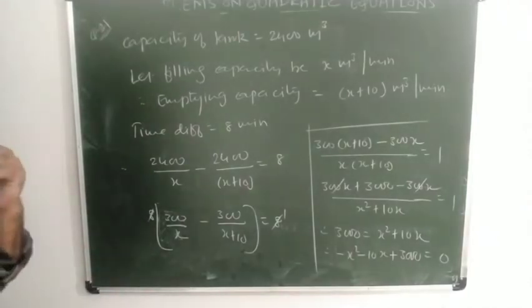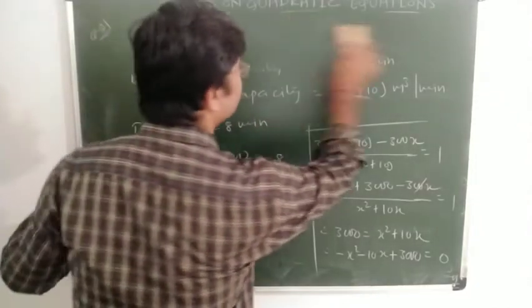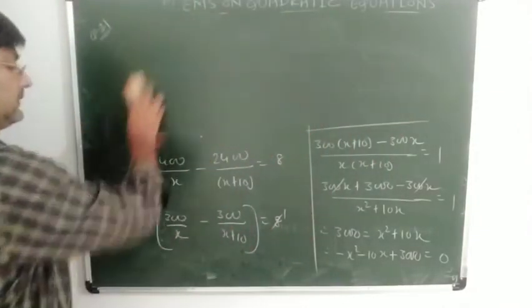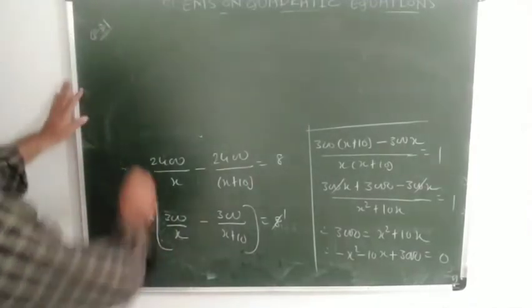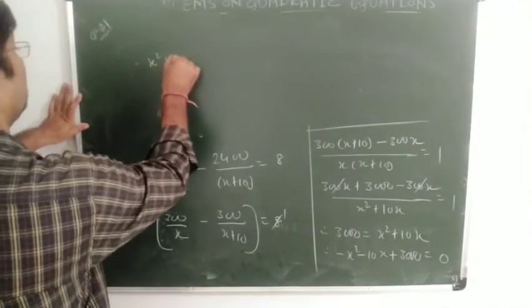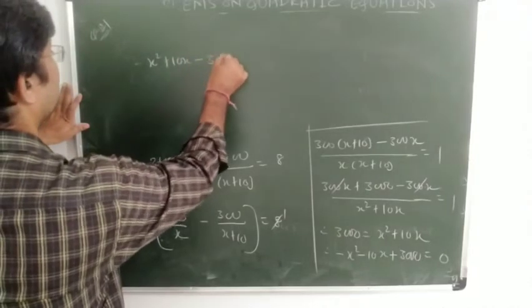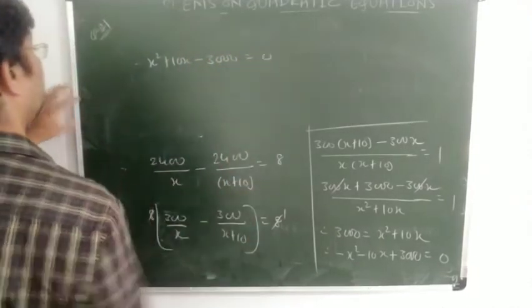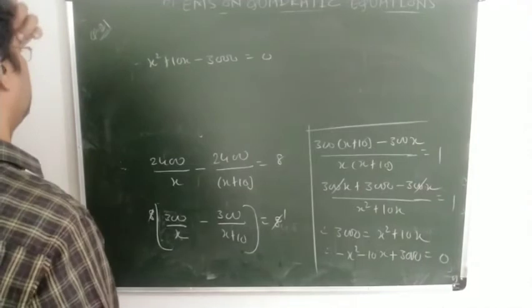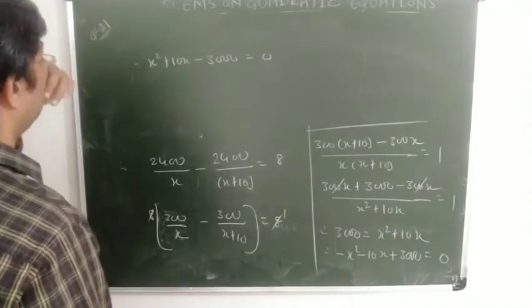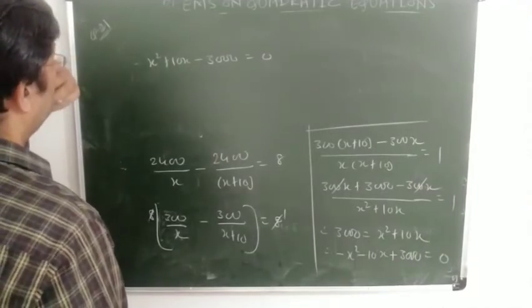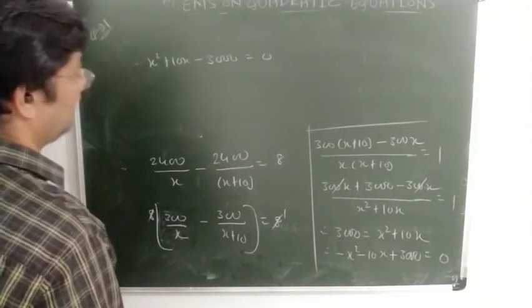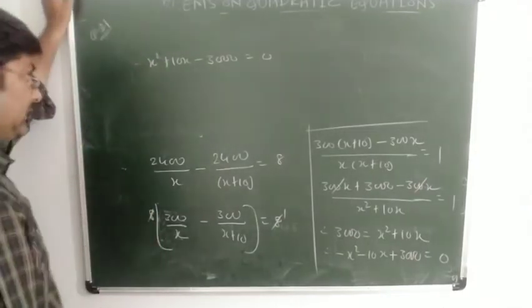Now you can take minus 1 common so that the equation will be x square plus 10x minus 3000. Okay, now we want a difference of 10. Yes or no?